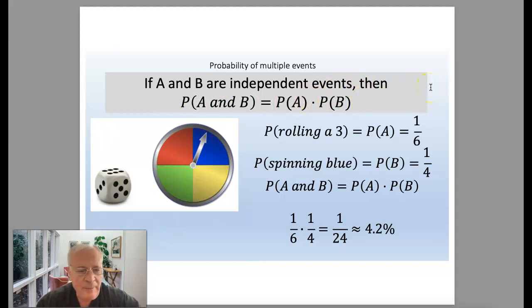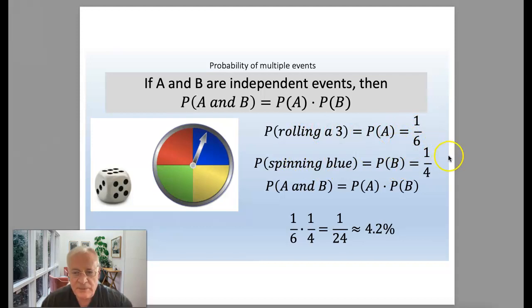In other words, the probability that they both happen is less than the probability that either one happens individually. So if I wanted to know the probability of rolling a 3 and getting blue when I spin the spinner, rolling a 3 individually is 1 out of 6.